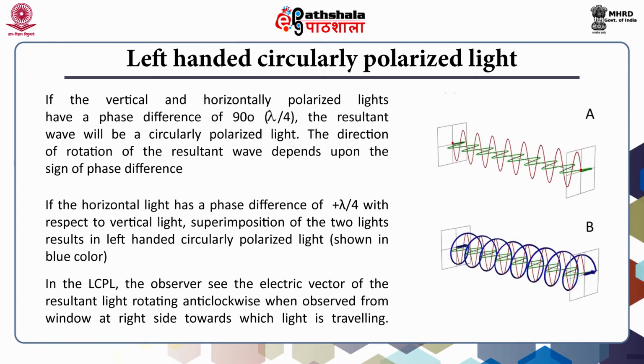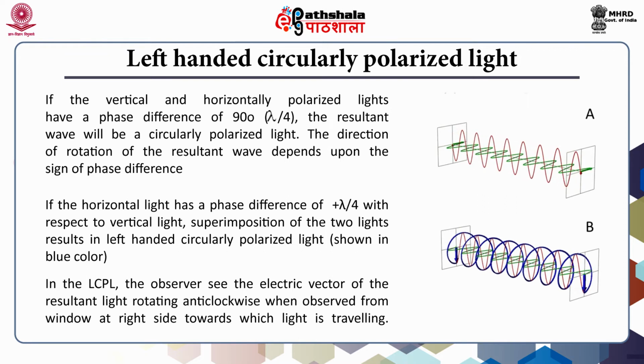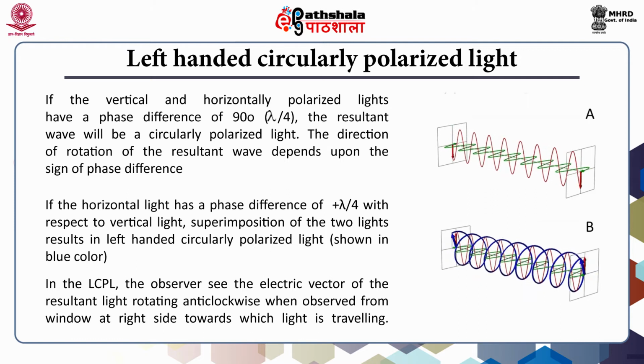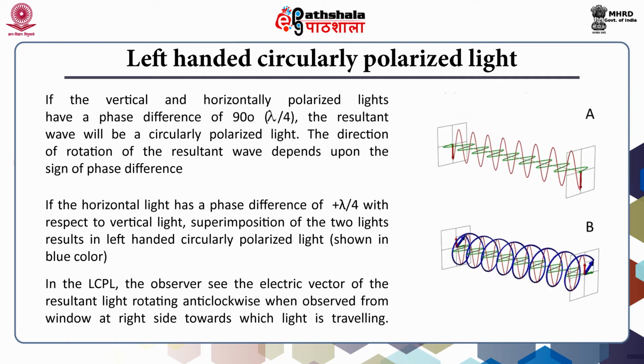You will see in panel A, when the vertical component is reaching the maximum, the horizontal component or horizontal wave is reaching 0. That indicates they differ by an angle of 90 degrees, or their phase difference is 90.